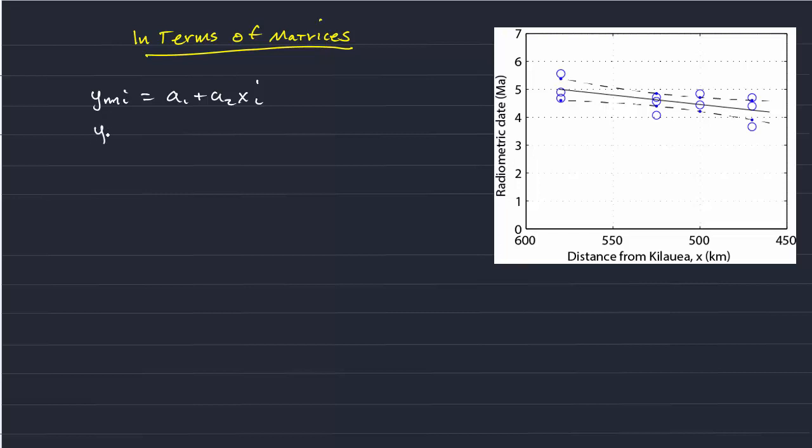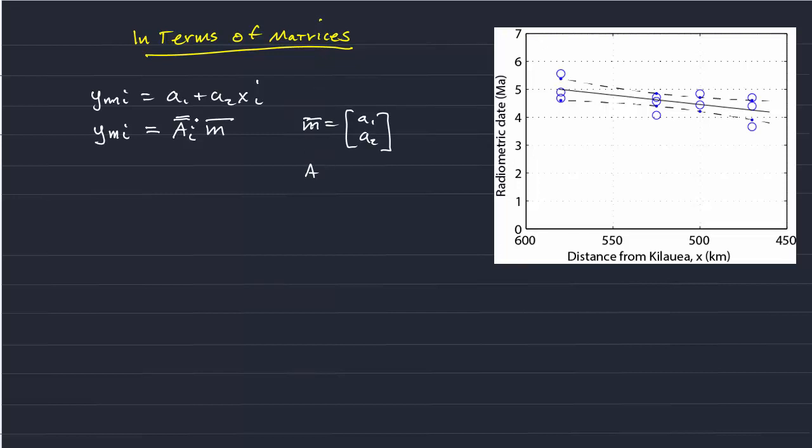And we can write that out as ymi is equal to the ith row of A times the model parameters, which contain, again, the model vector of A1, A2.